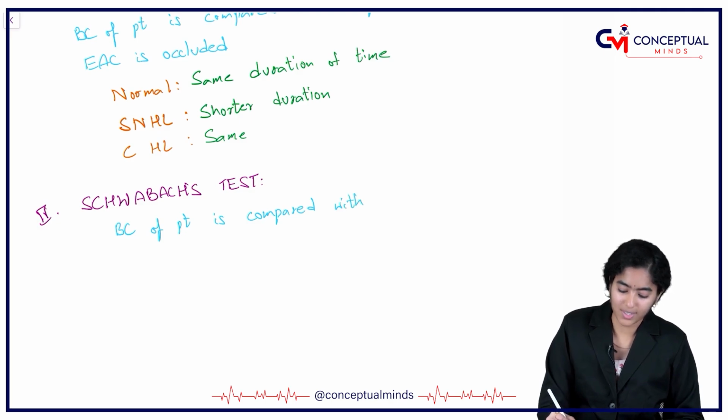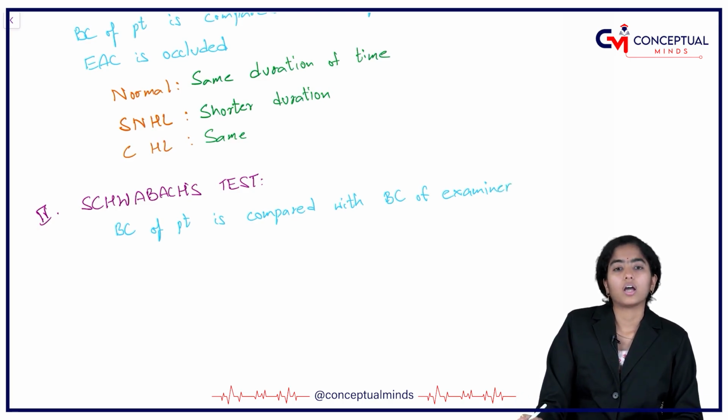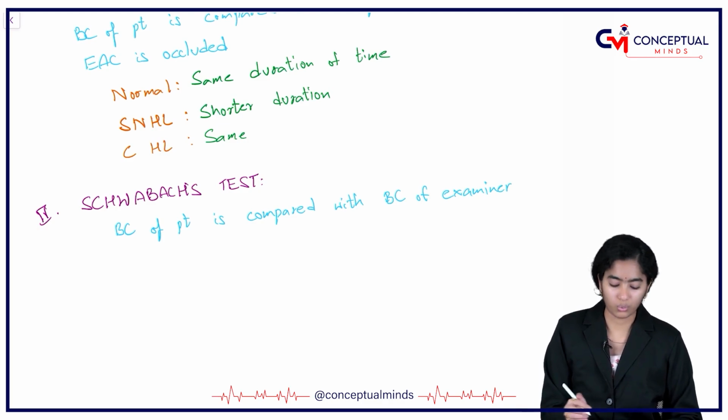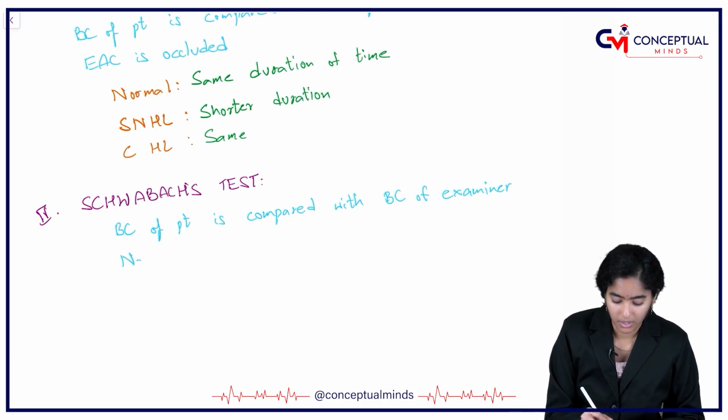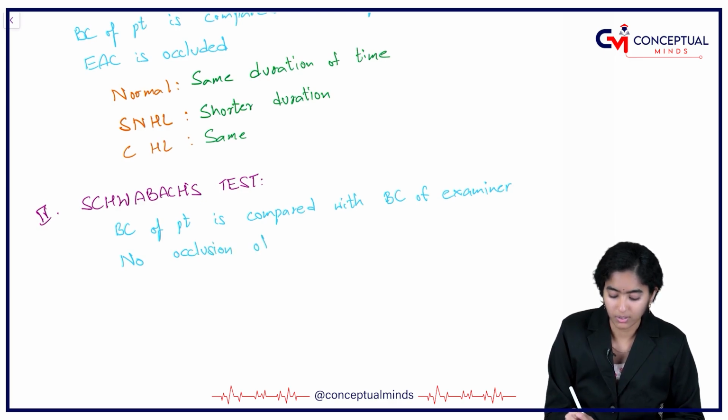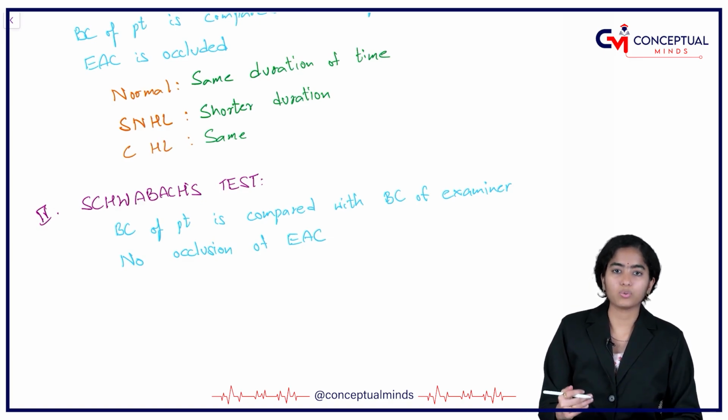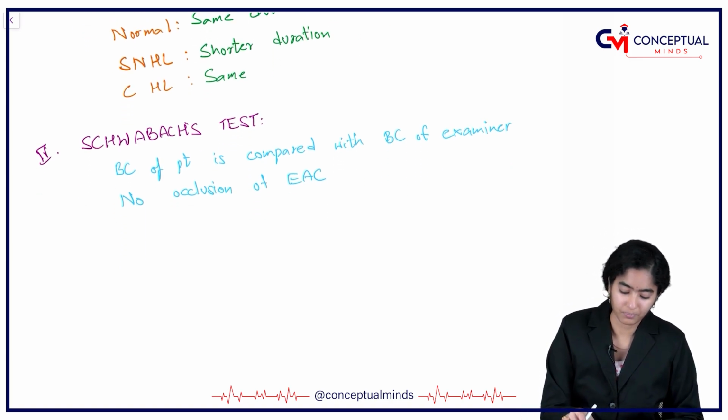So what is the difference between Schwabach test and absolute air bone conduction test? In absolute bone conduction test, the external auditory canal is occluded, and here there is no occlusion of external auditory canal. So let us see how this will change the results of the test.